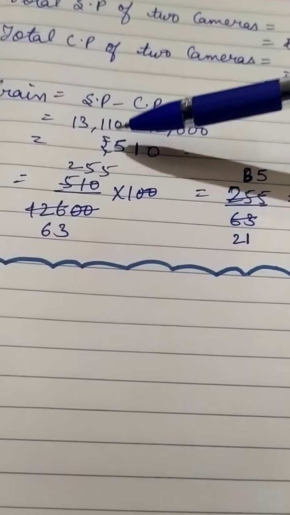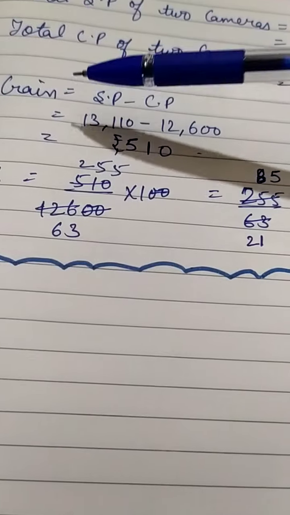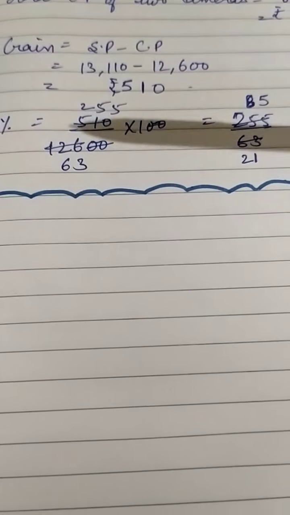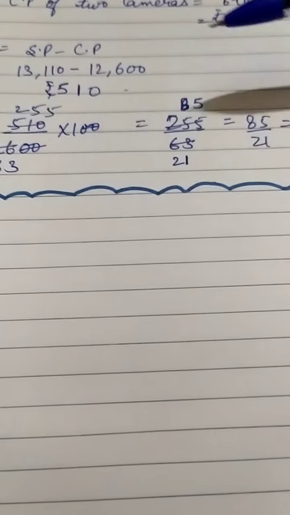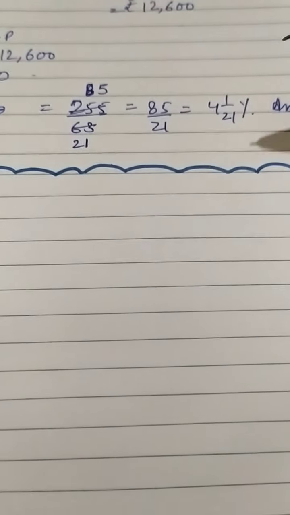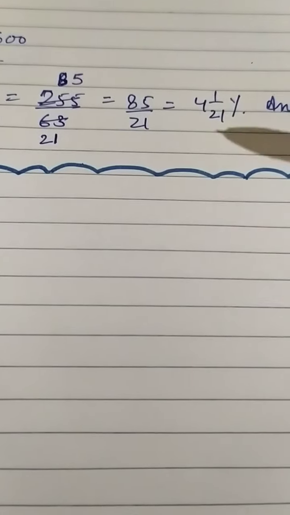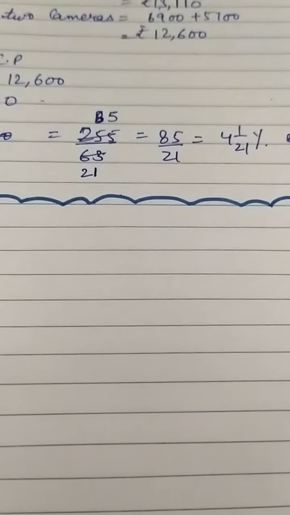The selling price is more than the cost price, so she has a gain of rupees 510. And for gain percent, we can again put the formula gain upon CP into 100. So 510 upon 12,600 into 100. We have the answer in a mixed fraction, children, 4 whole 1 upon 21% as the gain percent.